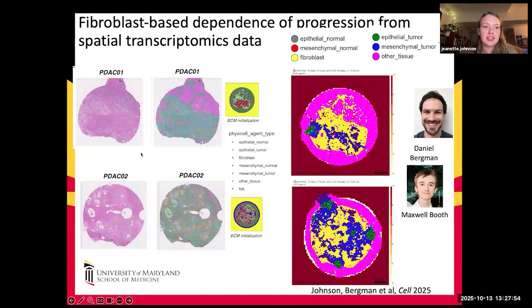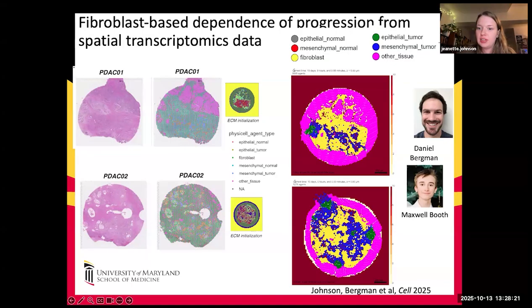One thing it's really good at is telling you where there's collagen fibers in the image. So I used that detection to say where the collagen should be densest at the beginning of the simulation to provide structure to the tissue. And then most everything else is scored from transcriptomics.